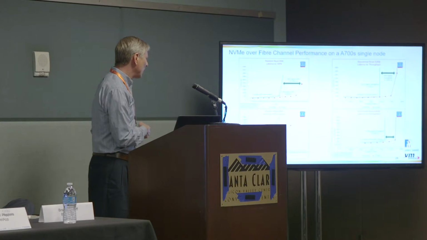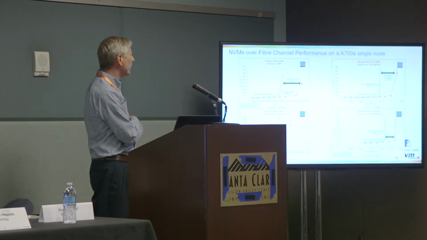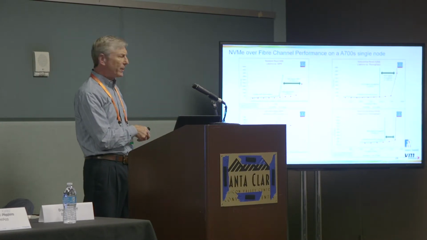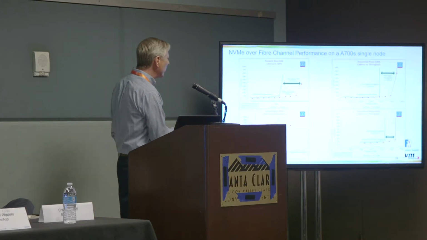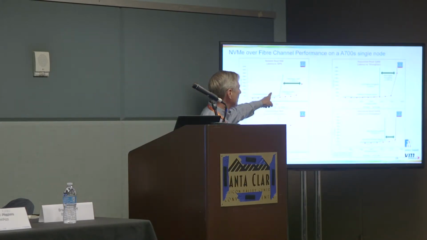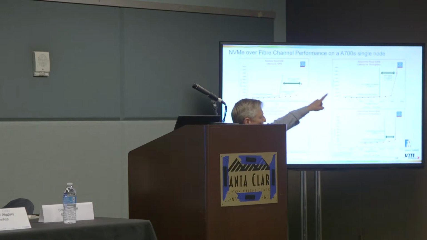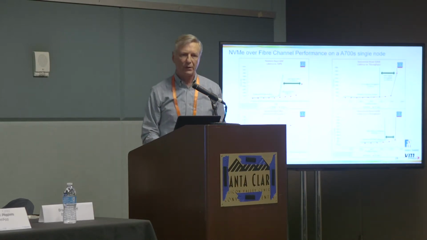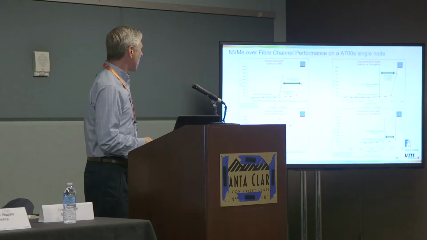And what's really interesting to note, these are single node A700s using the standard Demartek methodology, where you really are seeing these performance gains. And I think these are the 40 to 50% range that you'll see in marketing materials, are where FCP hits the wall and NVMe allows that much greater performance.